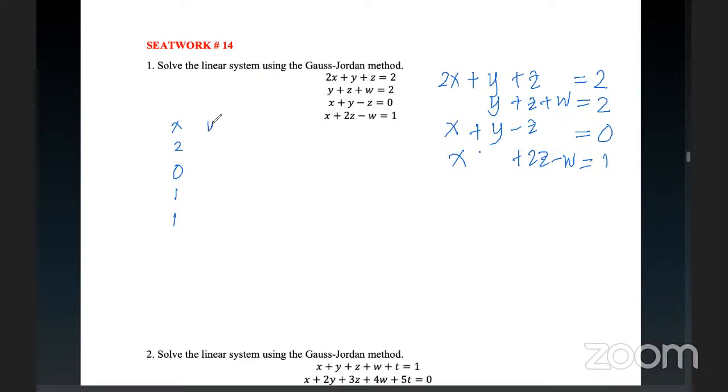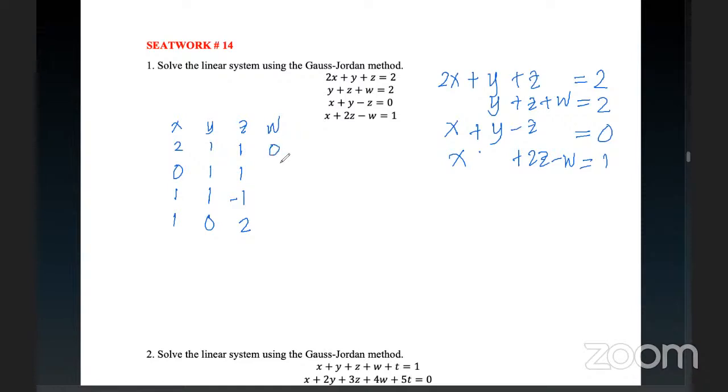Now, sa second column natin will be coefficients ni y. So you have 1, 1, 1, 0. Yung third column natin is para dun sa coefficients ni z. So 1, 1, negative 1, 2. And yung last na column natin for the coefficients ni w.